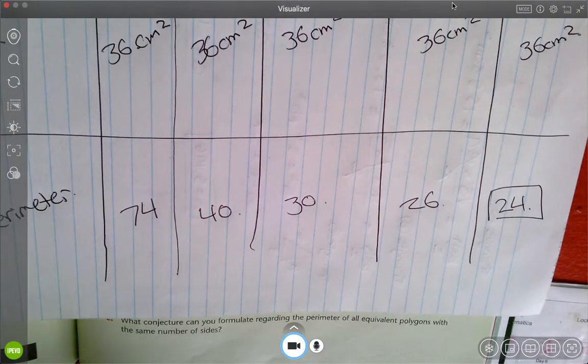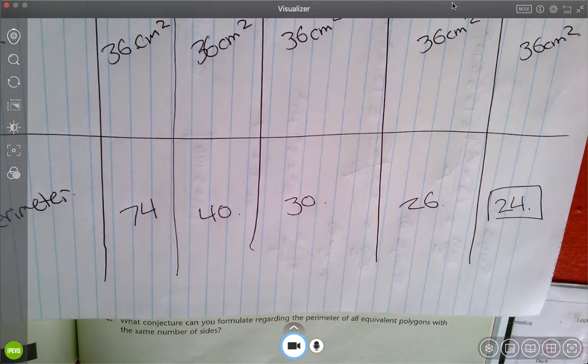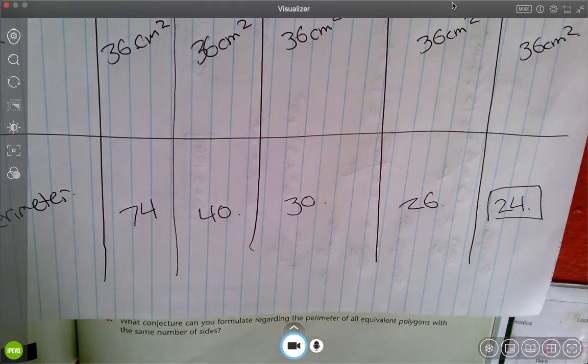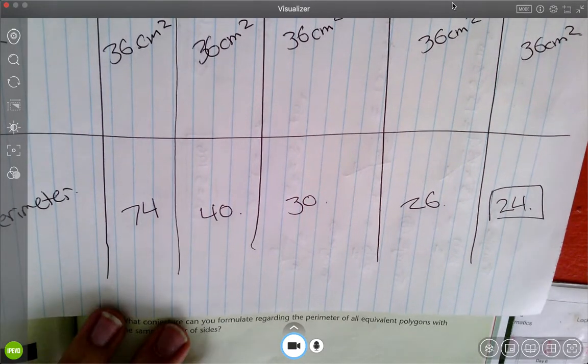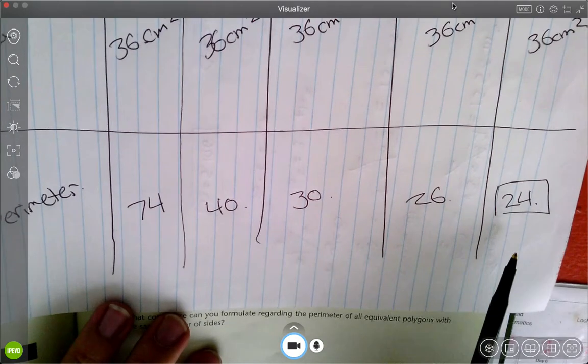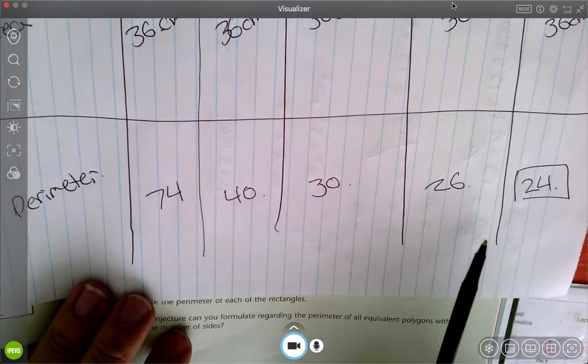So for those of you, this is the foundation. William? We're doing this. That's why we're talking about it now. Okay? So here, what do we notice about the perimeters?